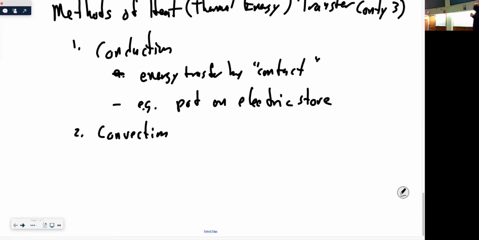Can anybody give me an example of convection? Absolutely. Magma heating up in the Earth's core, getting less dense, becoming buoyant relative to the other stuff that's around it, and physically moving upward.